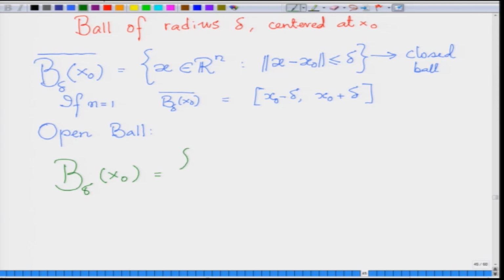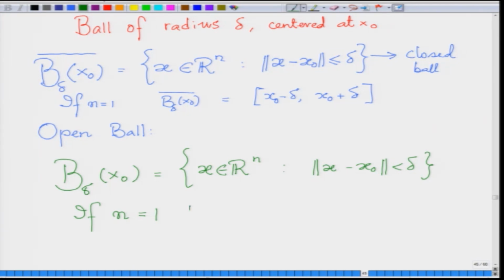So, it is all x in Rn such that the norm of x minus x naught is strictly less than delta. So, if n is equal to 1, then it is very important to understand what would happen.